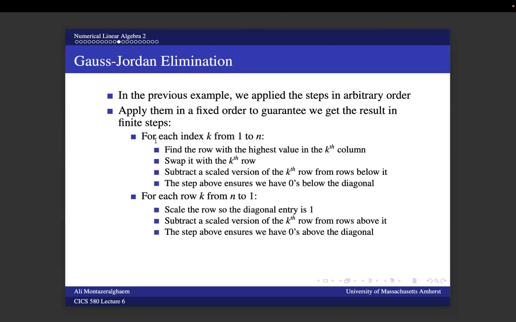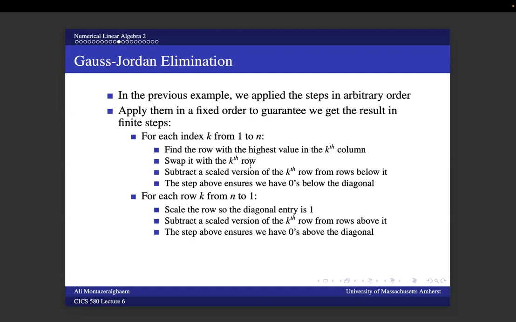For example, for each row that we have here, which is index k, from 1 up to n, at first we want to find the row with the highest value in the k-th column, and then we swap it with the k-th row, right?